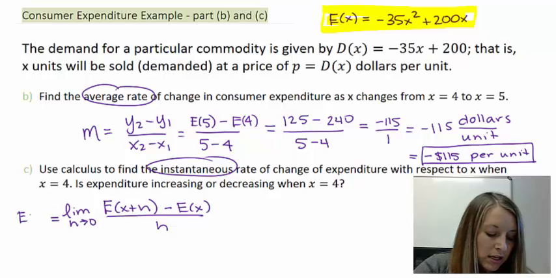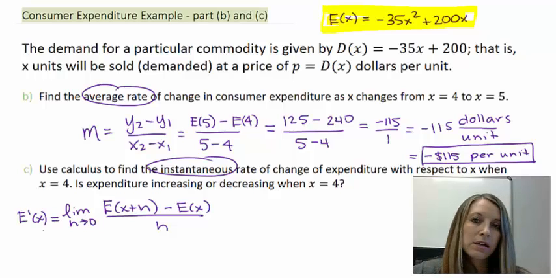And our notation then is E prime of x. Now, again, I'm not going to walk you through this step by step because I feel like I've already given you plenty of examples for that. But I will show the answer, so I suggest that you pause the video and see what you get for this problem on your own.